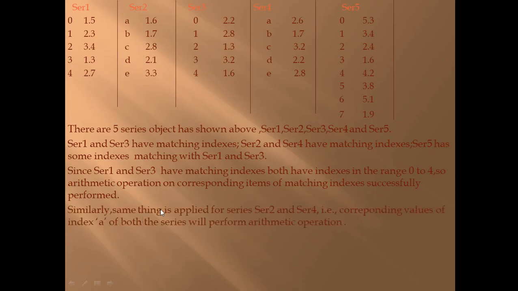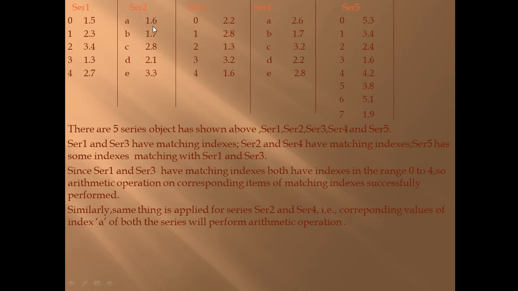And similarly the same thing applies for series 2 and series 4, series 2 with indexes A, B, C, D, E and series 4 with A, B, C, D, E. So the corresponding values of index A of both these series will take part in the arithmetic operation. On which values?